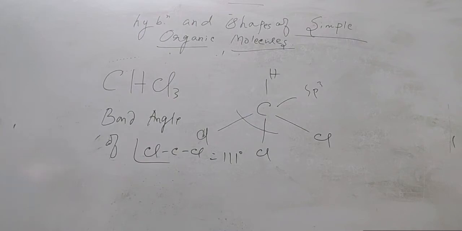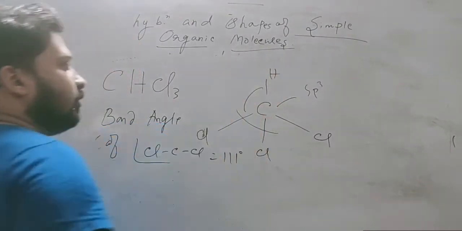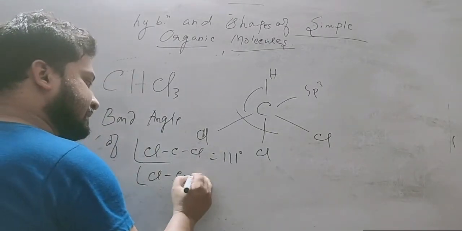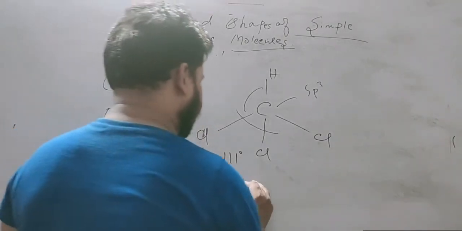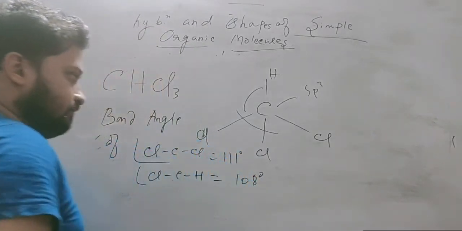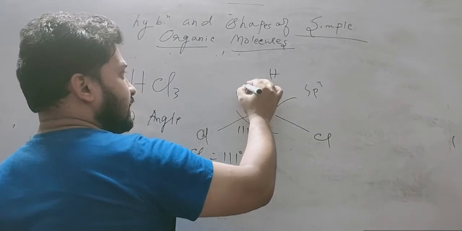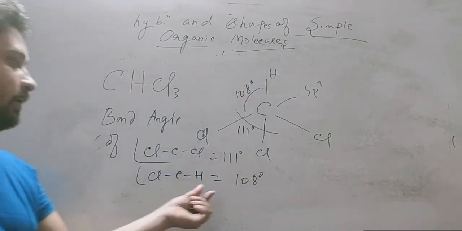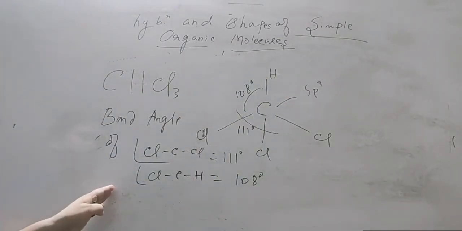But the bond angle Cl-C-H is not 111, it is 108 degree. So this is 111 degree and this is 108 degree.